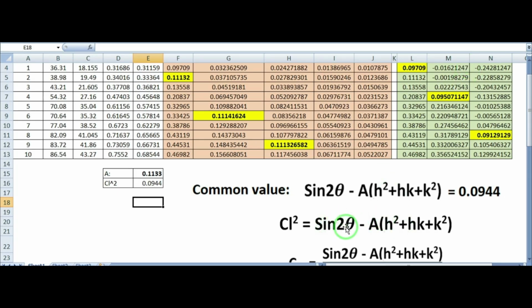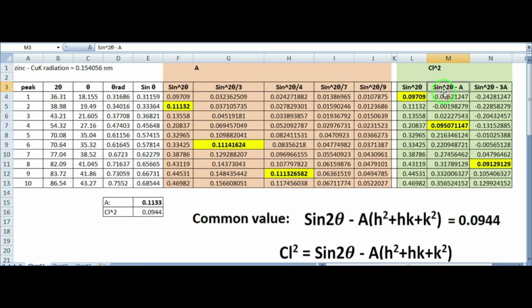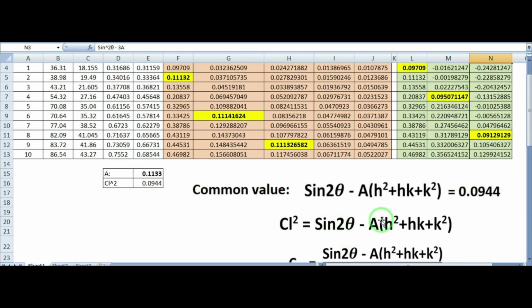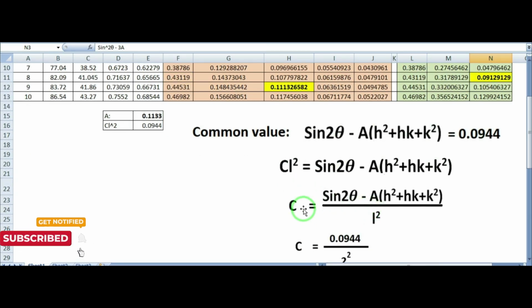The first column is sin square theta minus A, the second column is sin square theta minus 3A, and the next column is sin square theta minus 4A. These are the columns in which there is a particular value that is repeatedly appearing, nearly 0.0944. So the value of sin square theta minus capital A into h square plus hk plus k square will be 0.0944. From this I am going to calculate the capital C value.